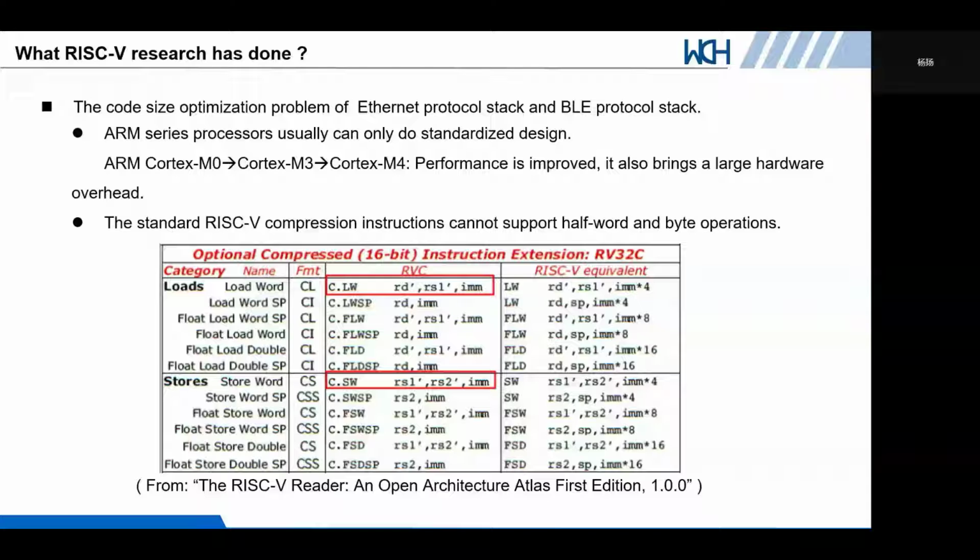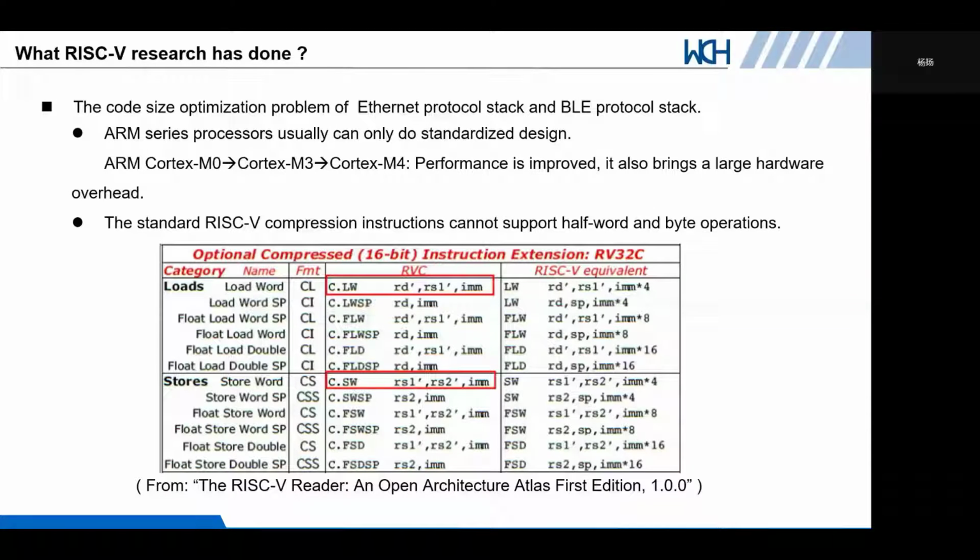When we were developing low-power Bluetooth products, we found that when the ARM core Bluetooth LE protocol stack was ported to the RISC-V core MCU, the code size was significantly increased after compilation.